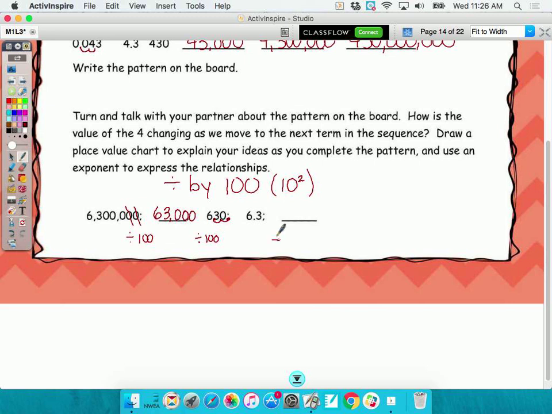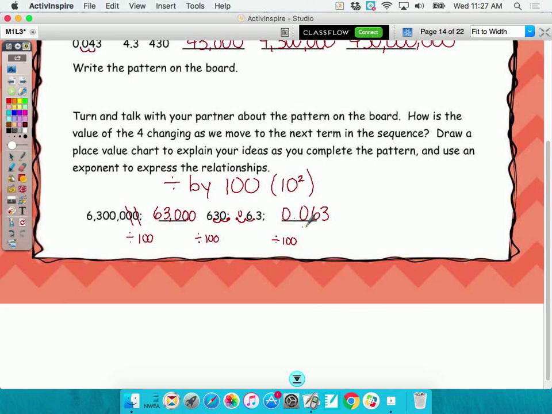So we just have to divide one more time by 100. How many place values will I move my decimal? 2. Do I have to fill in with a 0? Yes. Mia, say this without saying 0 in front of it for me. 63 thousandths. Good. Now here's what I told the kids in block 2. I just came up with this.